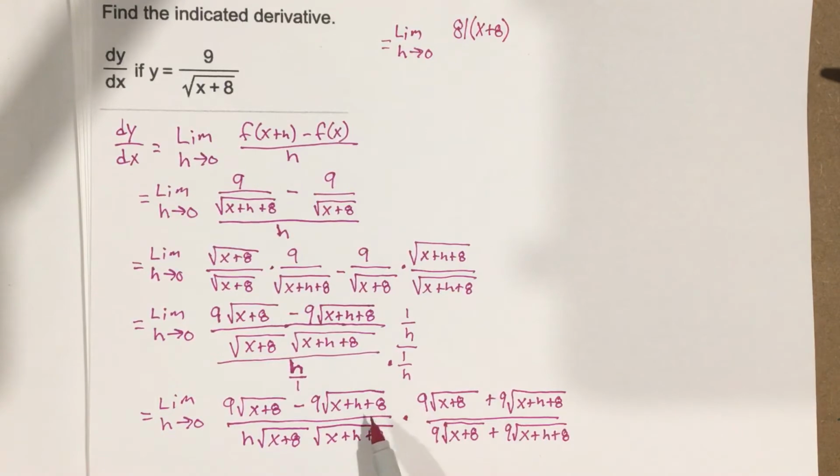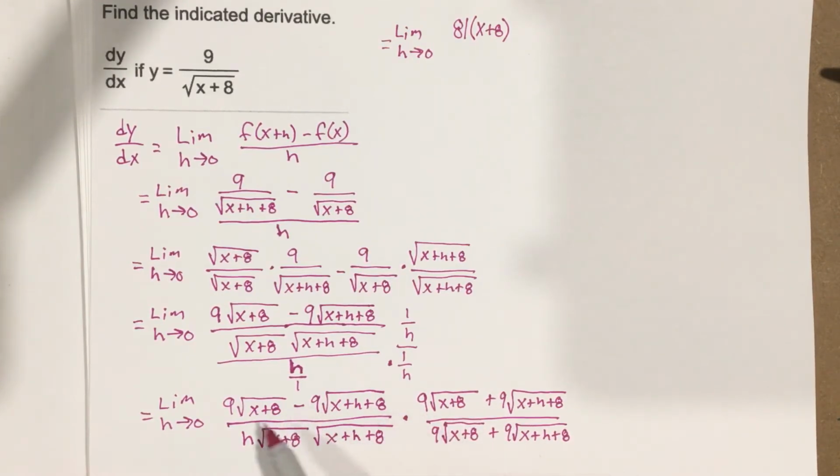Now, I want you to notice that when you multiply this term times this term, you're going to get 81 with the two radicals. This one will give you negative 81 with the two radicals. They're going to cancel, so we're actually going to just skip that step. The whole point of multiplying by the conjugate is to cancel those middle terms anyway.